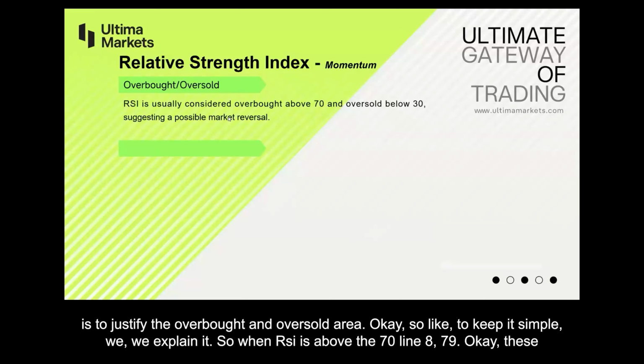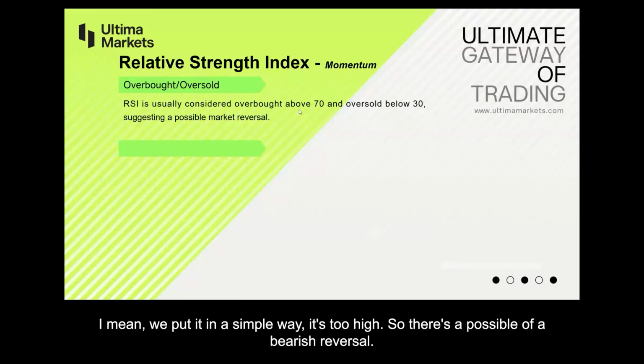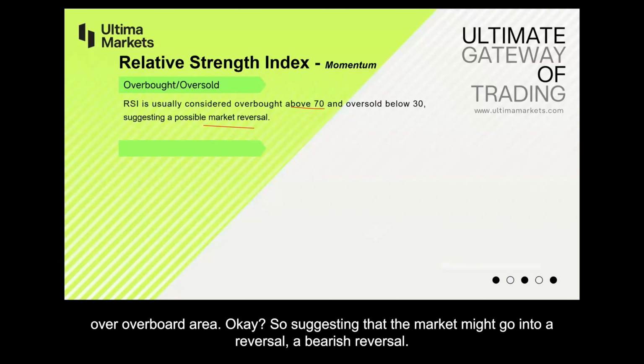When the RSI is above the 70 line, this suggests that the trend may be overbought, meaning that the price is too high. So there is a possibility of a bearish reversal. Above 70 means the price comes to an overbought area, suggesting the market might go into a bearish reversal.